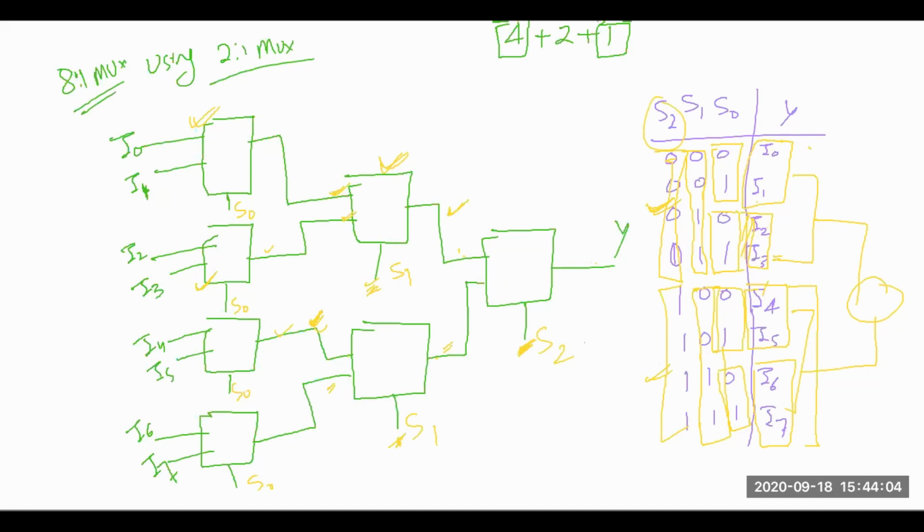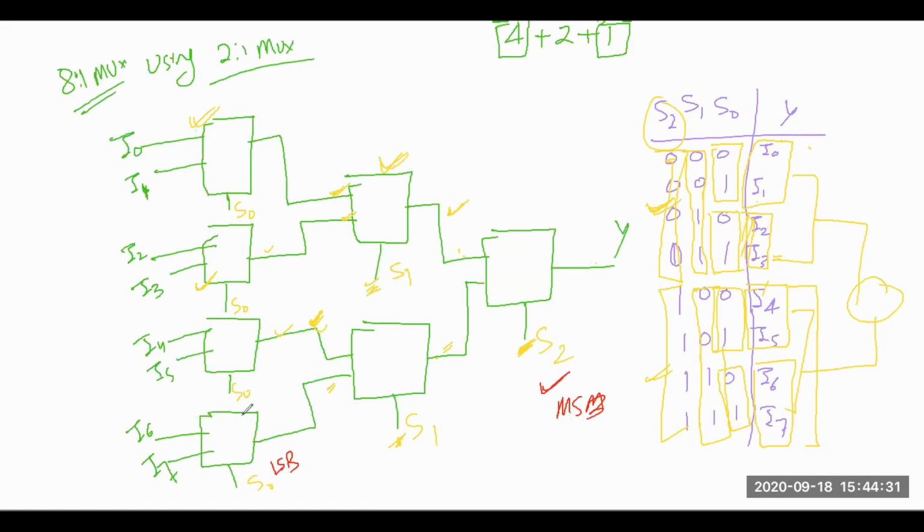So you need to remember that whenever you are making a multiplexer, by seeing the 4:1 multiplexer using 2:1 multiplexers and the 8:1 multiplexer using 2:1 multiplexers, you get to know that this one is my MSB always, and this is my LSB always.